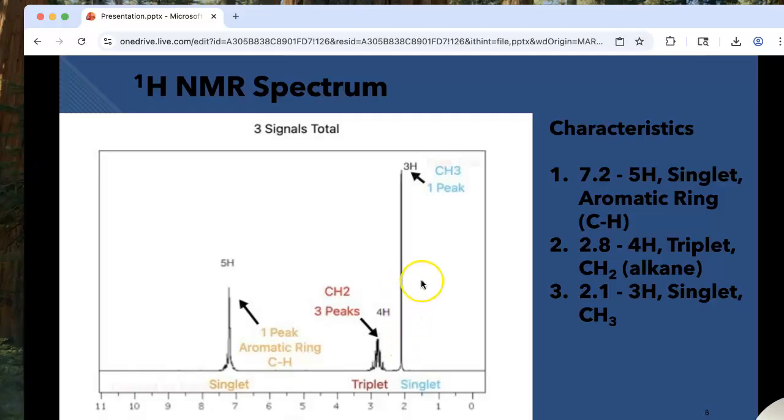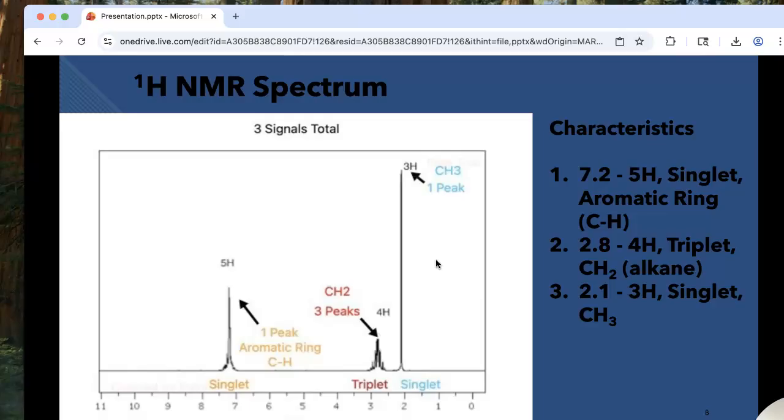And then following that, we have another singlet in the 2.1 ppm region, which is often indicative of a CH3, like a methyl group, or something that doesn't have any other hydrogens bonded to it, so it could be next to a carbonyl, something like that, which keeps this peak on its own and doesn't have any neighboring hydrogens.